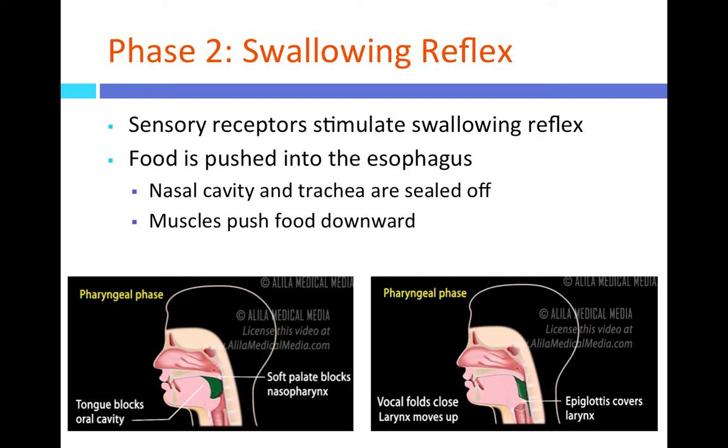When it's sensed that the food is in your pharynx, the body is going to automatically push that food into the esophagus. In order to do this, the nasal cavity and the trachea are going to be sealed off, as well as the mouth, and muscles are going to push the food downward.